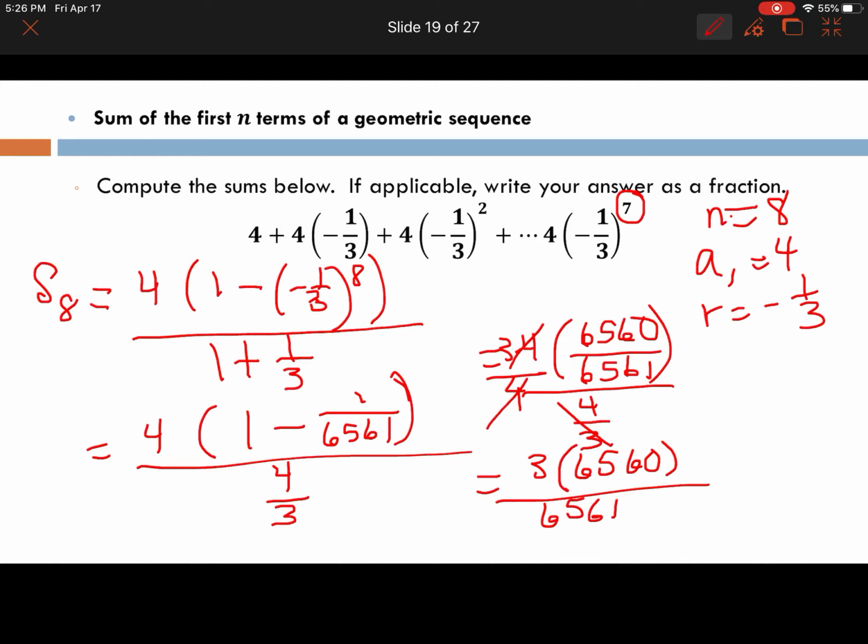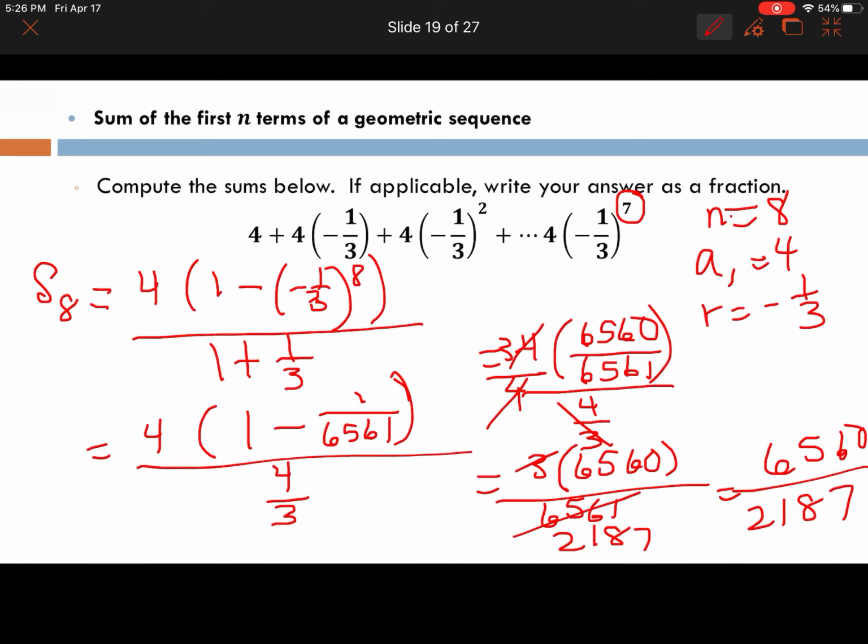And we could multiply this. Let's just double check and see whether or not 6,561 is divisible by 3, so we can reduce. Yes, it is. So this will now be 2187. So this answer will be 6560 over 2187.